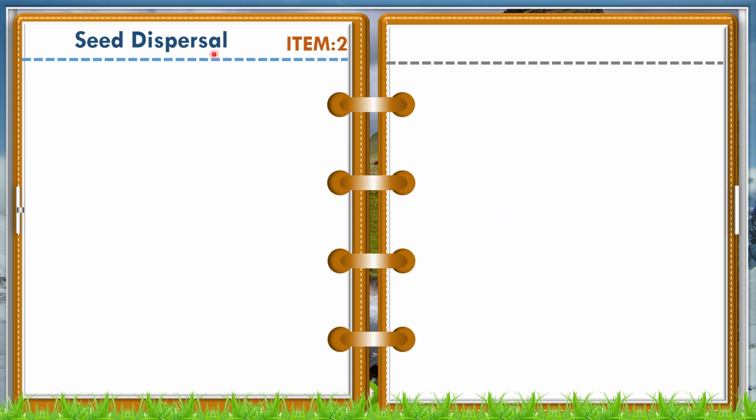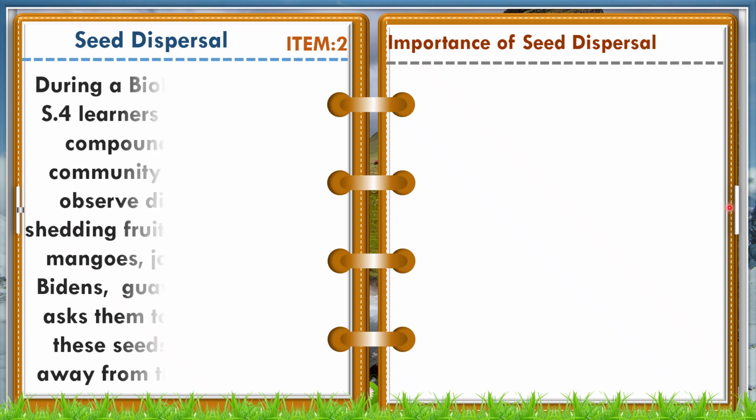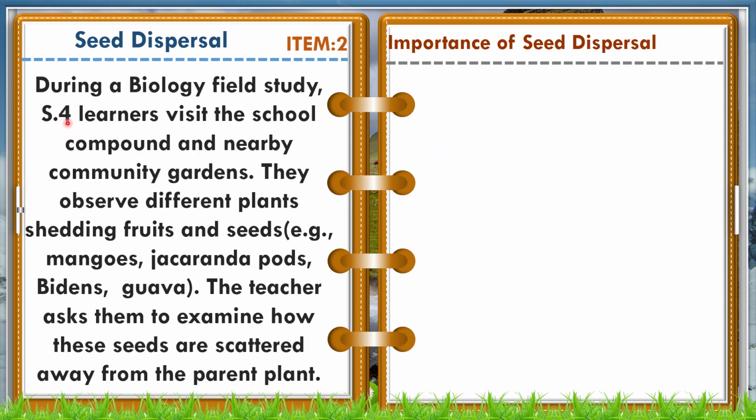Seed dispersal. Item 2. Importance of seed dispersal. During a biology field study, senior 4 learners visit the school compound and nearby community gardens.